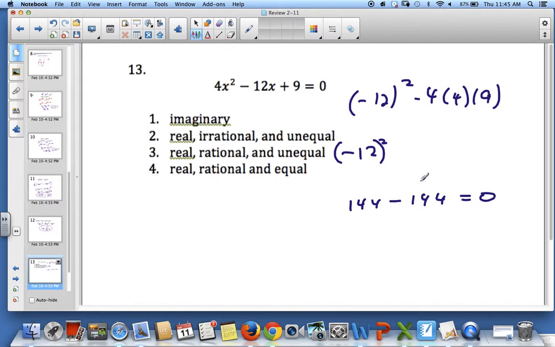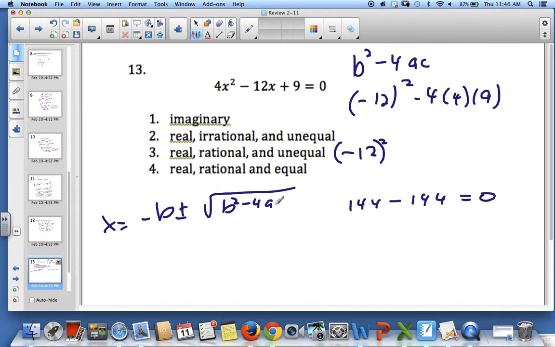And the problem is sometimes I kind of forget what that means. Here's what it means: b squared minus 4ac is part of the quadratic equation. The quadratic equation is x equals negative b plus or minus the square root of b squared minus 4ac, all over 2a.